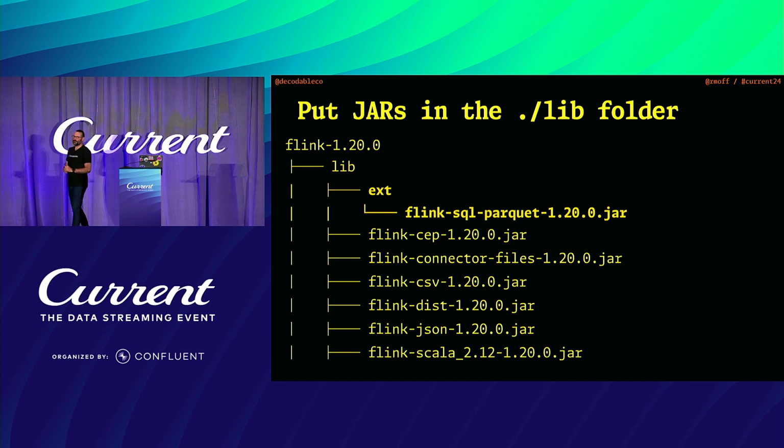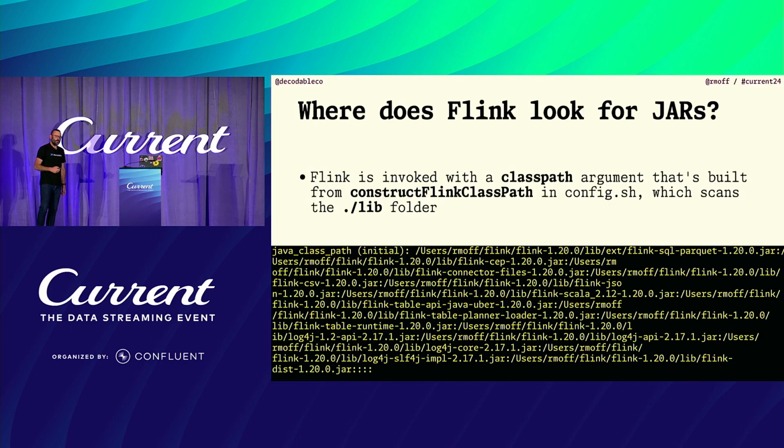How do we know which jar files Flink SQL is going to pick up? Well, I've told you, it's in the lib folder, but how do we actually know? We can go and look in the bin folder when we run Flink and we do like start cluster or SQL client, and there's a set of different shell script files which all kind of like talk to each other, and there's a routine called construct Flink class path, which constructs the Flink class path.